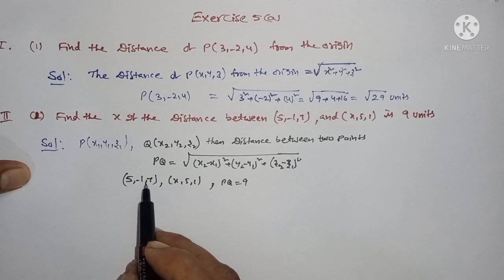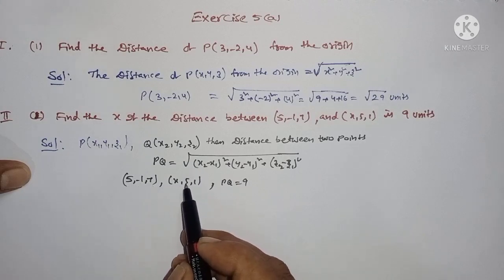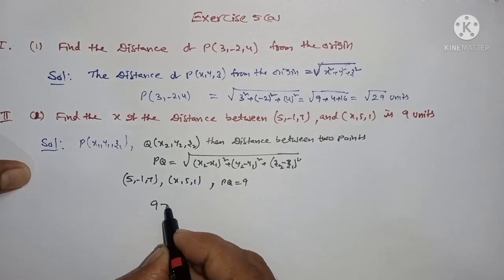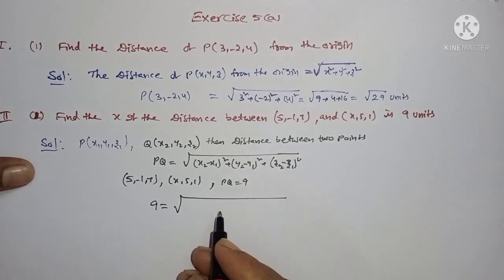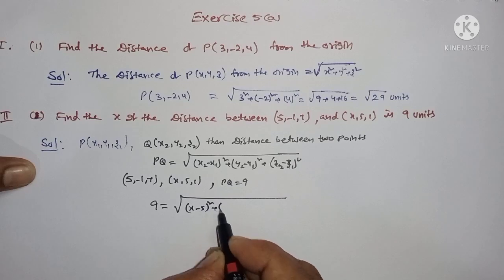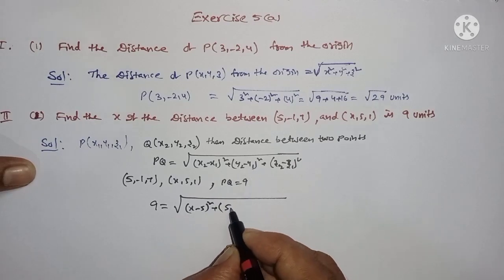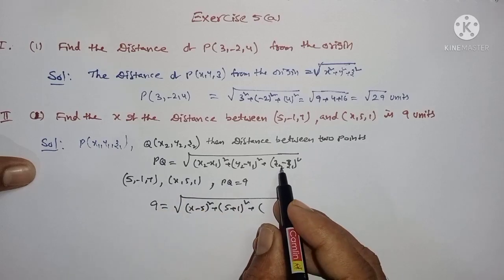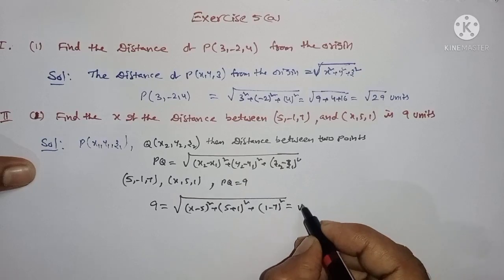Here x1 y1 z1 is 5 minus 1 7, x2 y2 z2 is equal to x comma 5 comma 1, and the distance is given 9. Therefore 9 is equal to under root of x2 minus x1 whole square, which is x minus 5 whole square, plus y2 minus y1 whole square, 5 plus 1 whole square, and z2 minus z1, 1 minus 7 whole square.